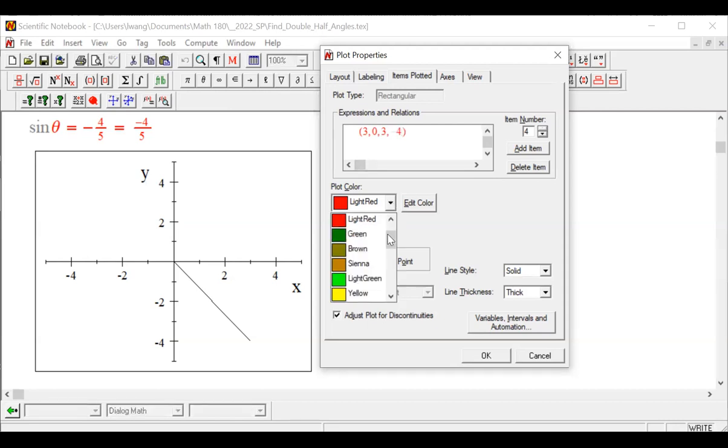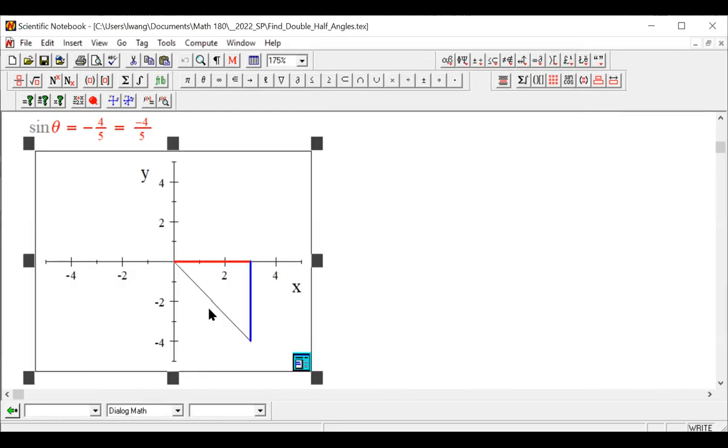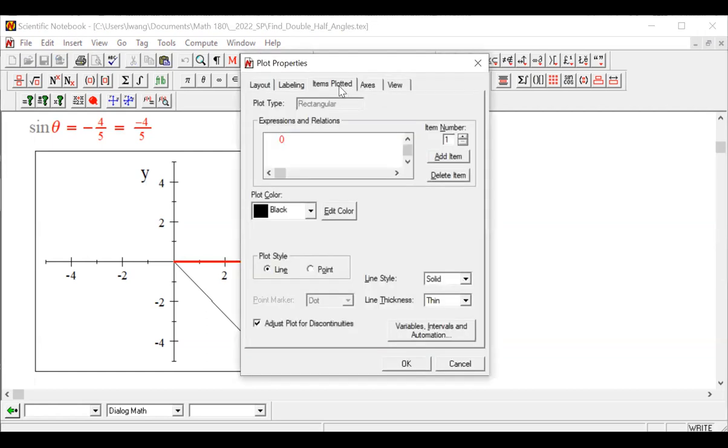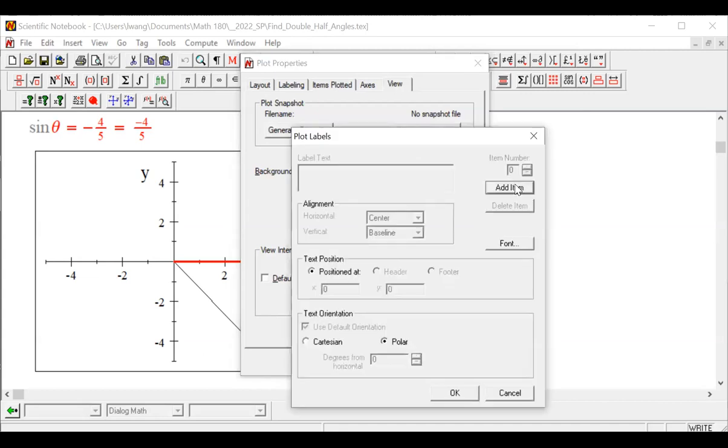And we're going to make some marking, because the second quadrant and third quadrant are not in our consideration, because it's arc sine.